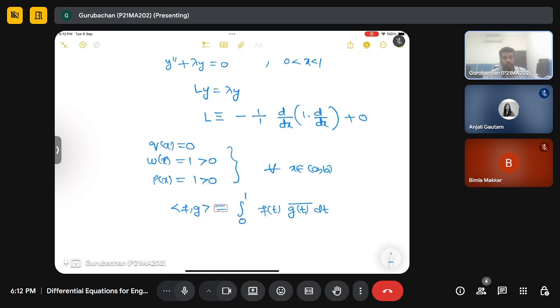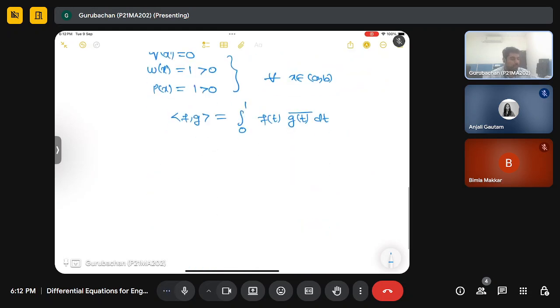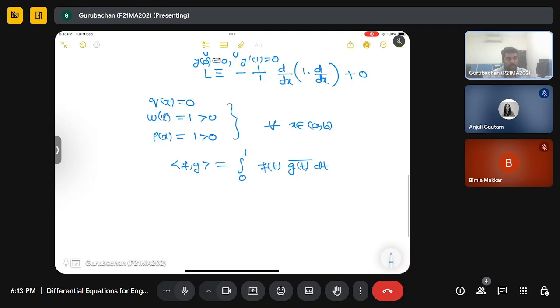We have y(0) is 0 and y dash (1) is 0, so these tell you that not both alphas and not both betas are 0 at the same time. So you identify that the given ODE is a regular Sturm-Liouville system.